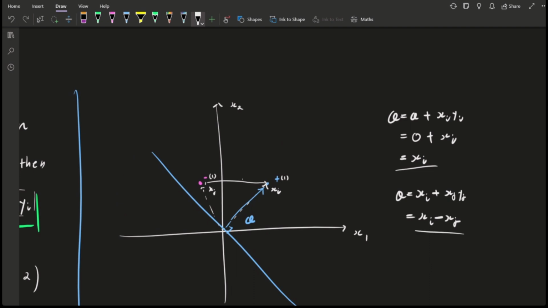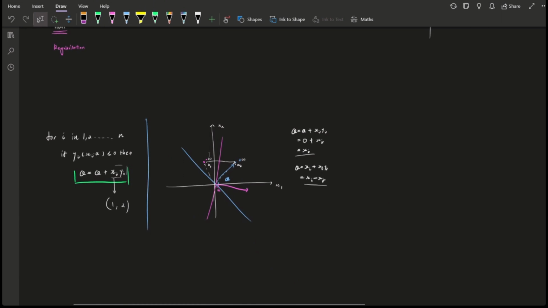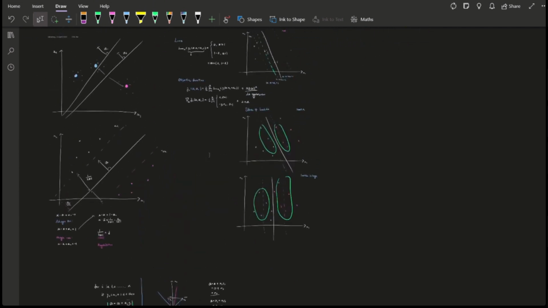And you can shift this new vector down here to the origin, and you draw a new plane that's normal to the normal vector. Okay, this is a really bad drawing, but you'll see that this is actually classifying both things correctly.